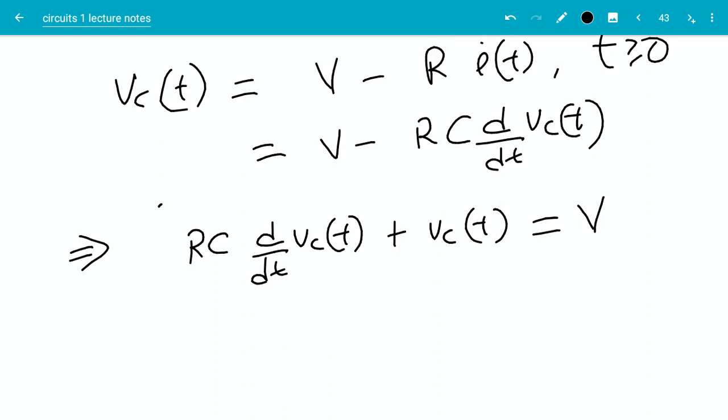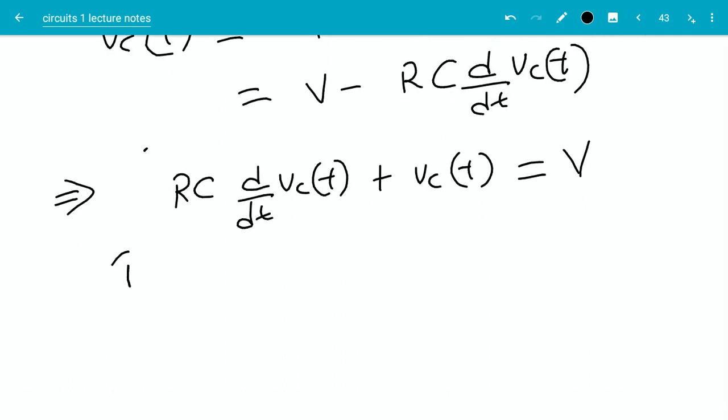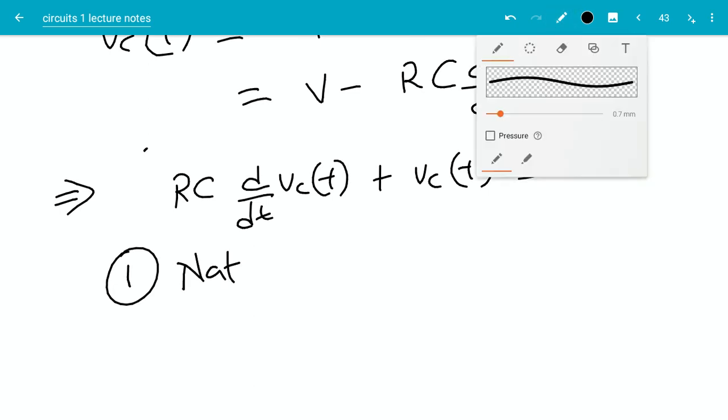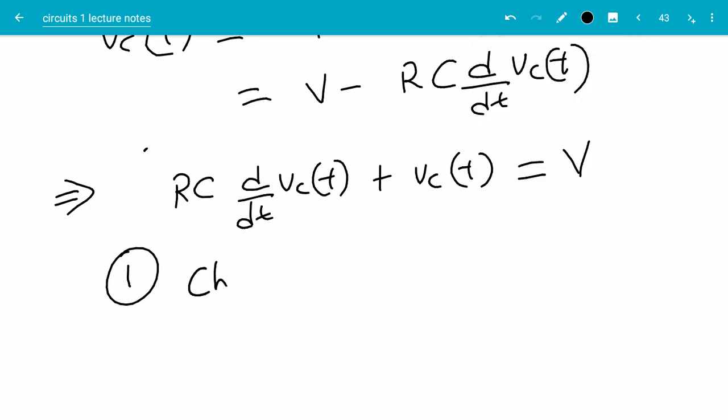And if you try to recall how you solve first order differential equations, any differential equation, you have to do two things. First is find the natural response, or in differential equations lingo it will be called the characteristic solution.